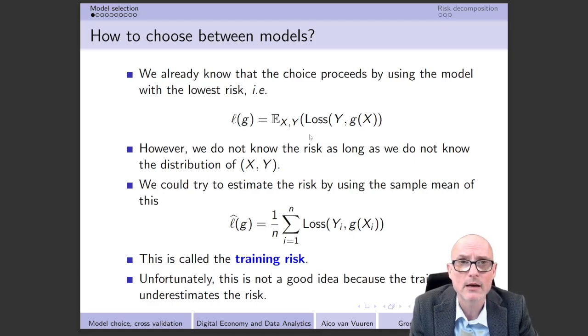In our practical case, we should calculate this risk for every level of k in k-nearest neighbors, and then choose the level of k for which the risk is lowest.